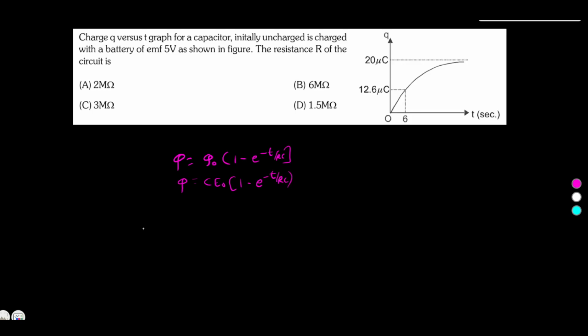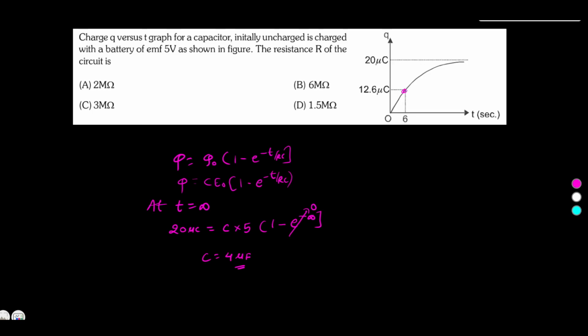This is Q. So at t equals to infinite, this Q is 20 microcoulomb and C is basically we don't know, but E is 5. 1 minus e raised to the power minus infinity, that will become 1 by infinity, that will be 0. So we got here as C equals to 4 microfarad. Now we got the value of 4 microfarad.